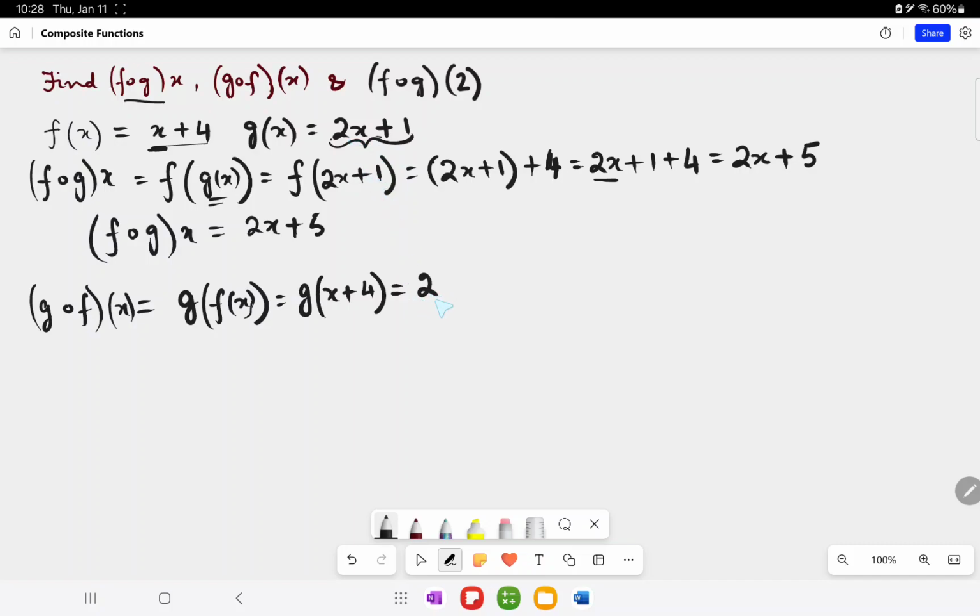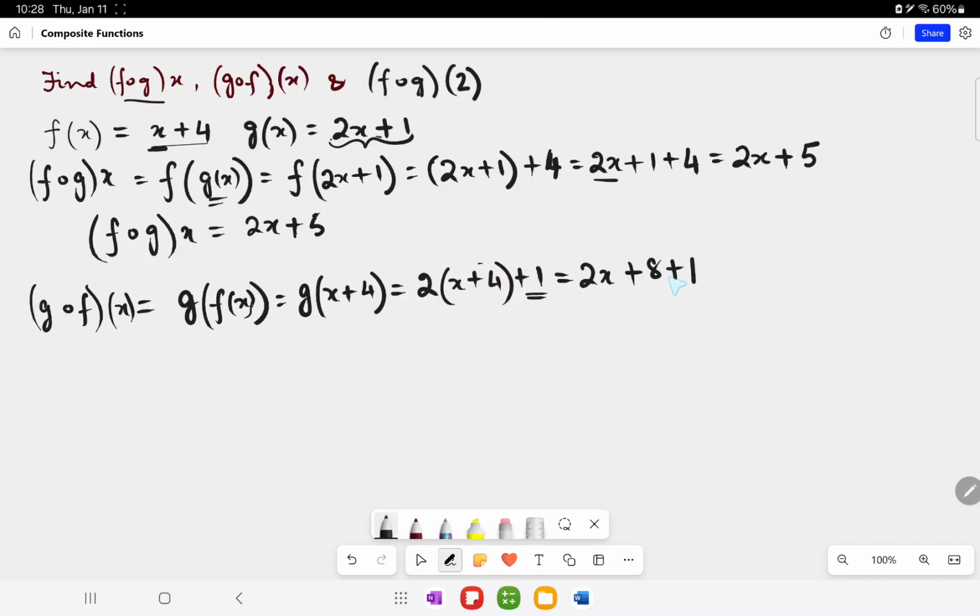And then I'm going to substitute into 2x plus 1. So 2 remains as is, and I'm just going to replace this x with x plus 4. So 2 times x plus 4, plus 1. And now we simplify this expression. We have 2x plus 8 after we distribute the 2 to all the terms inside the brackets. 2 times x is 2x, 2 times 4 is plus 8, and then don't forget the plus 1.